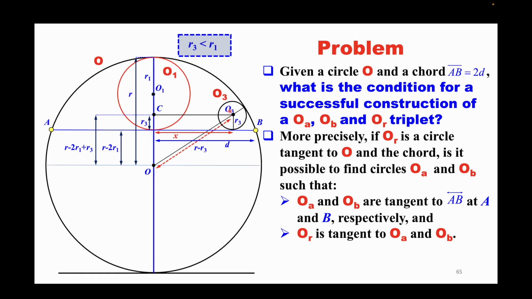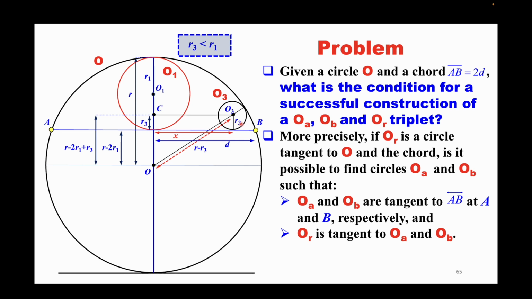So the converse is, because all of these ORs would be tangent to a common circle and their centers lie on a parabola. So the question is, now we know we have this common tangent circle and the locus on a parabola. So given an arbitrary circle, O3, consider it as OR.